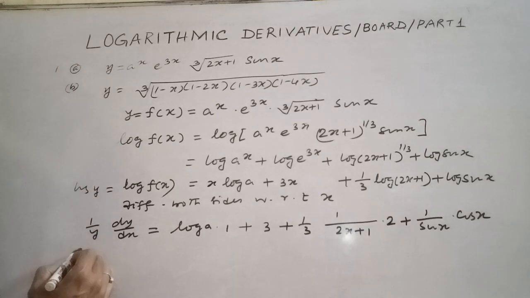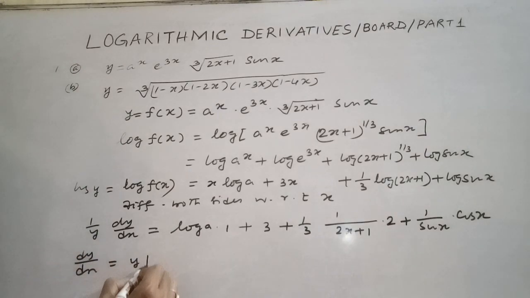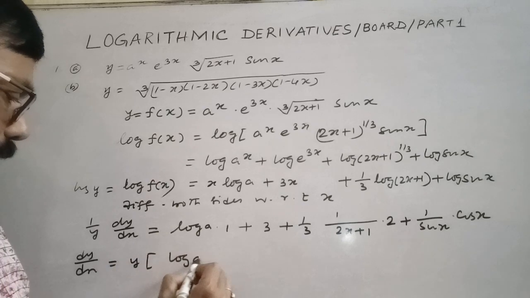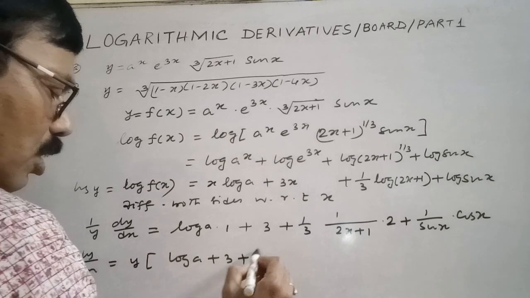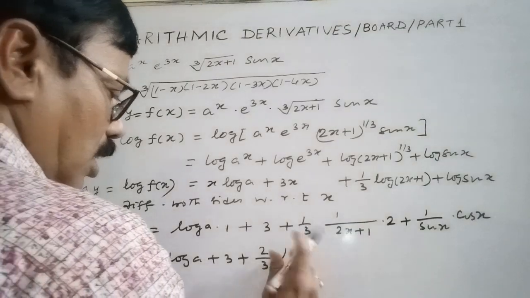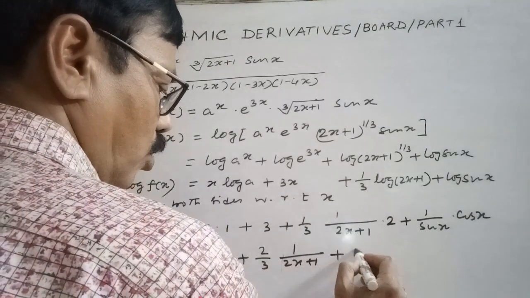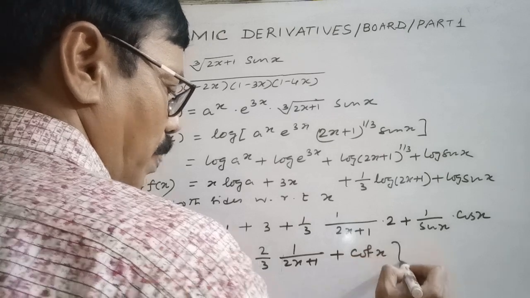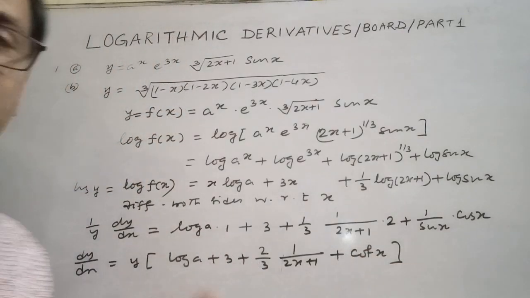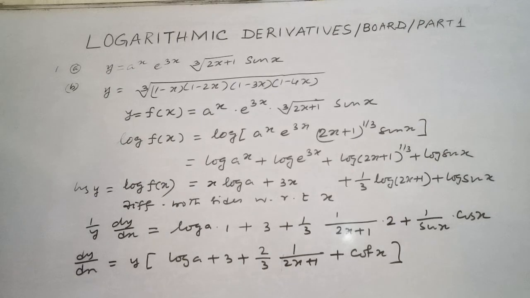Now what is dy by dx? So dy by dx equals y into log a plus 3, plus 2 by 3, 1 by (2x plus 1), plus cos x by sin x. This is dy by dx. So put the value of y.